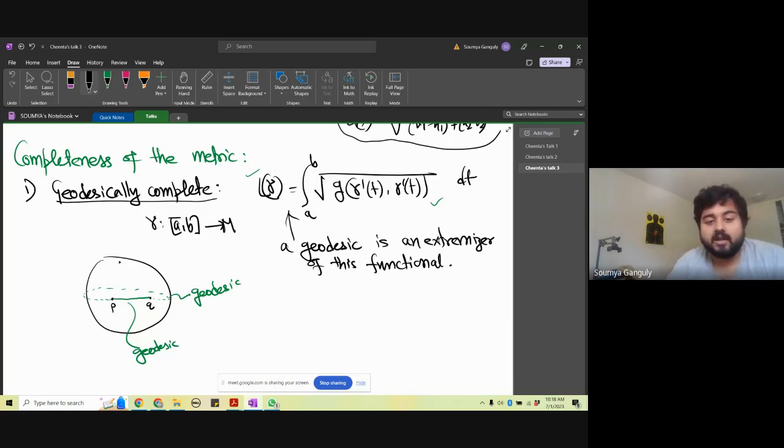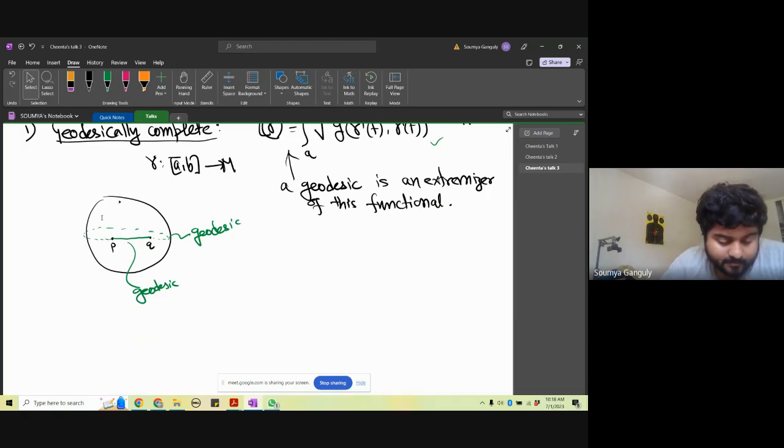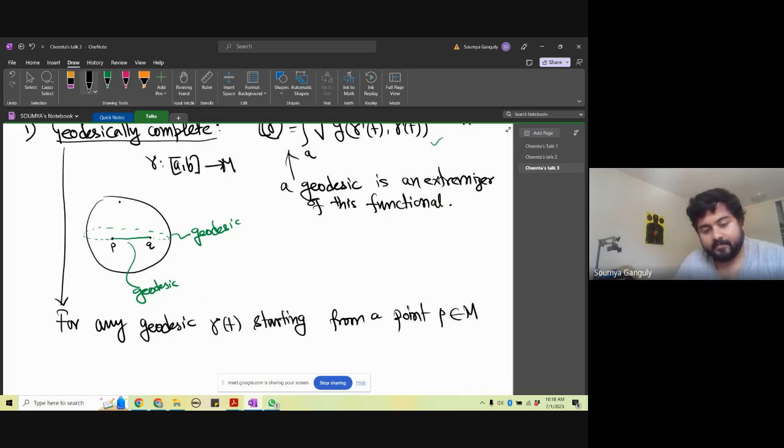So what do you mean by geodesically complete? Geodesically complete means that any geodesic gamma t starting from a point P in M is defined for all t in the reals.